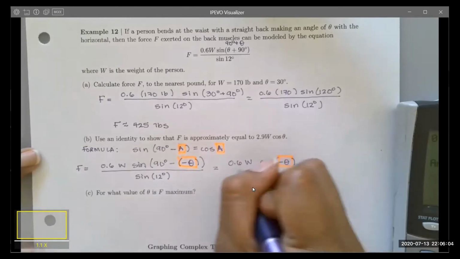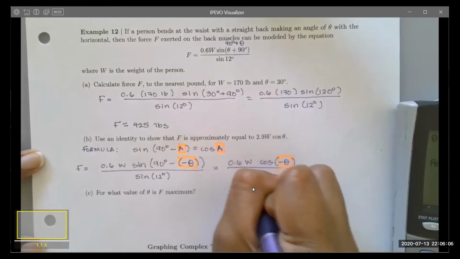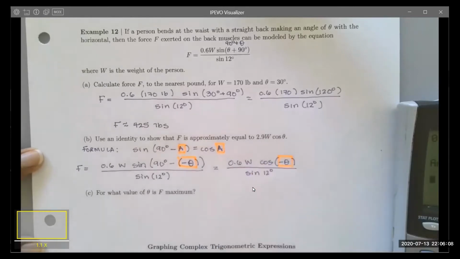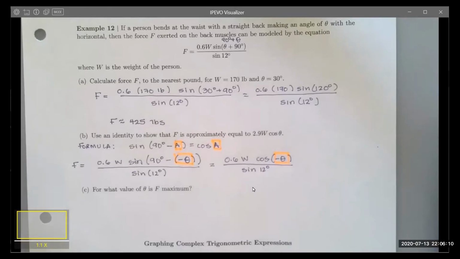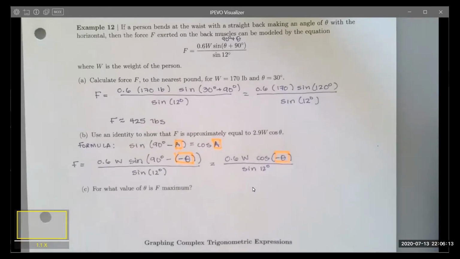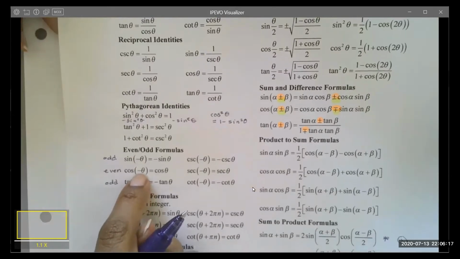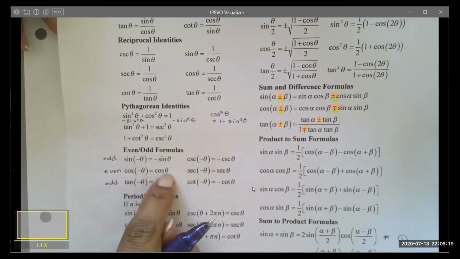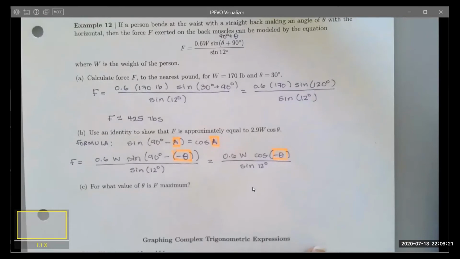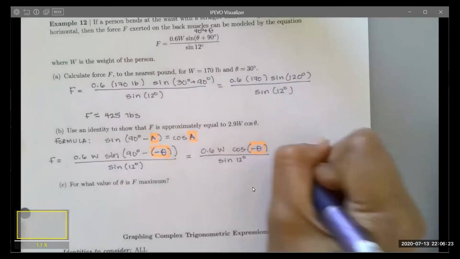Now we still have over sine of 12 degrees. Now, cosine of negative theta, we know that cosine is an even function. So for even functions, if you have a negative in the argument, you can ignore it, it goes away. So we still just have cosine of theta.